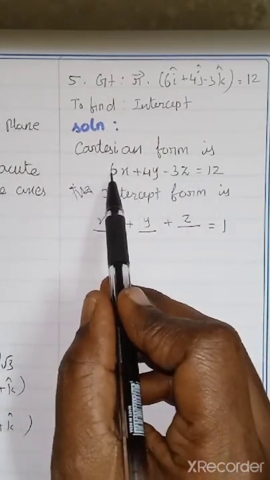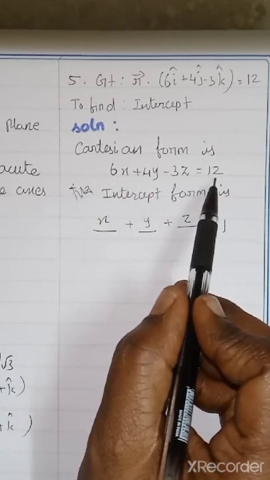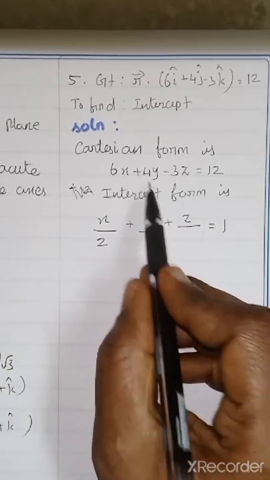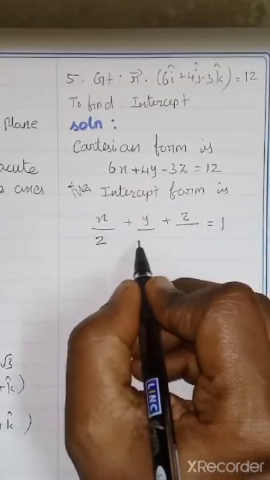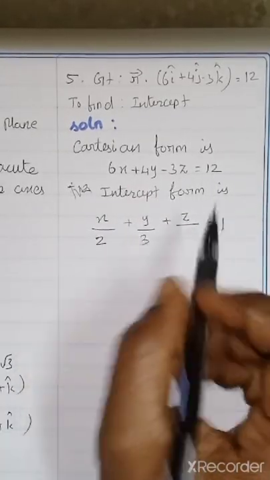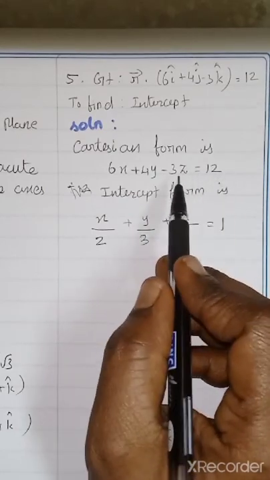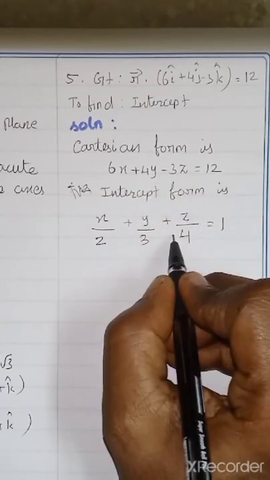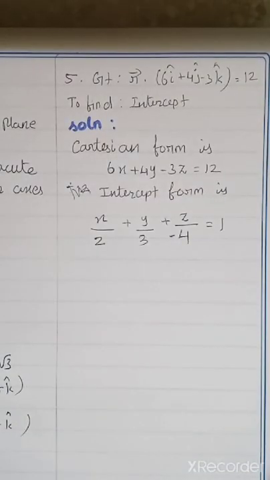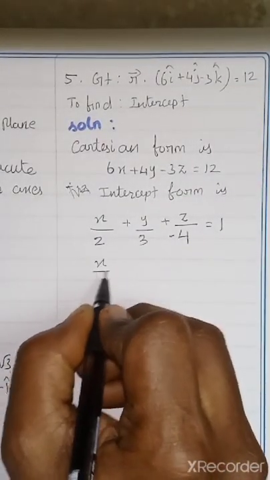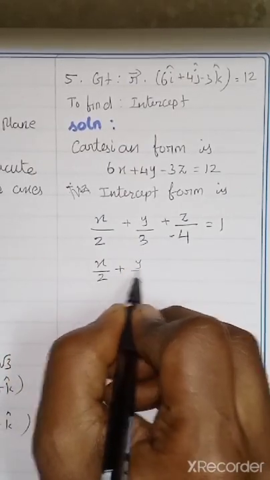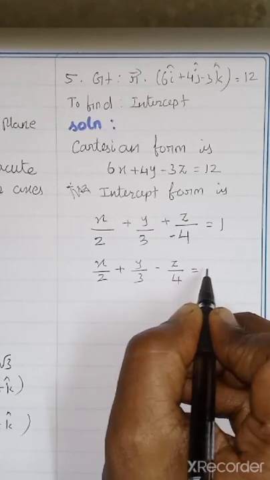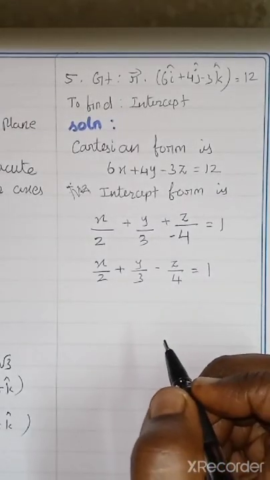So we can take the 6 to that side, you will get 12 by 6 is 2, 12 by 4 is 3, and 12 by 3 is 4. Since it is minus, we take it as minus 4. So what is your final answer? x by 2 plus y by 3 minus z by 4 equal to 1 is your intercept form.